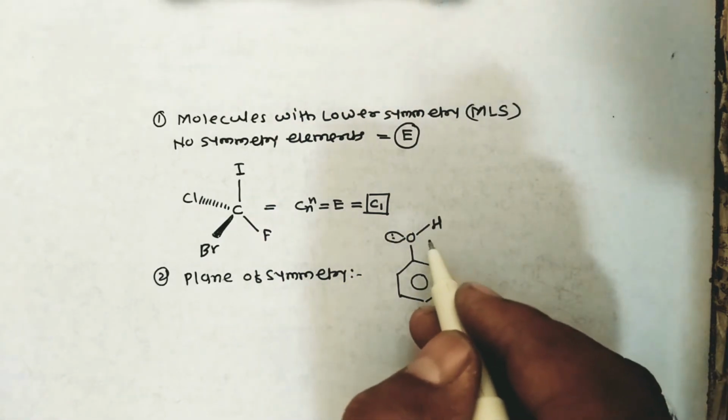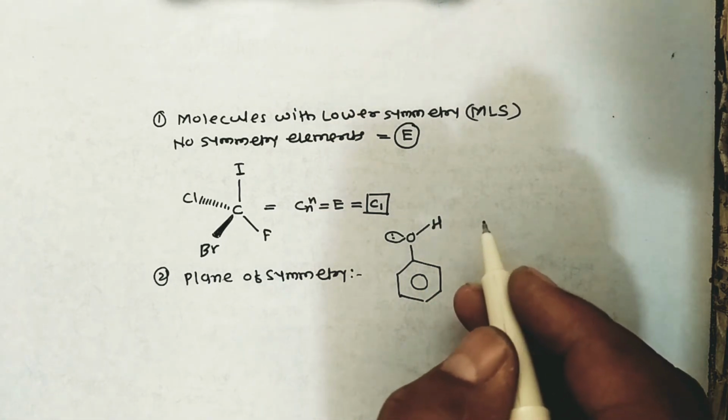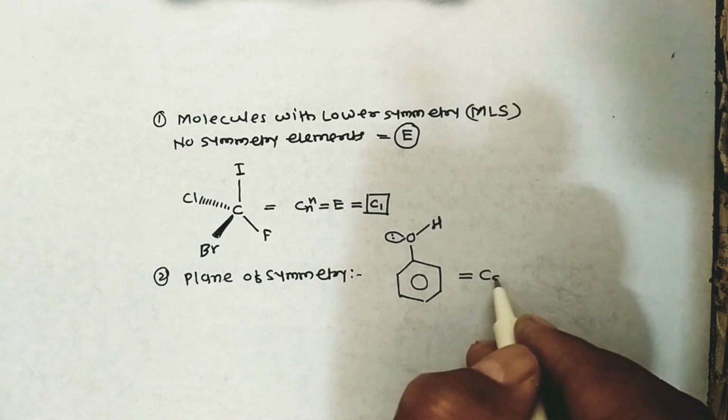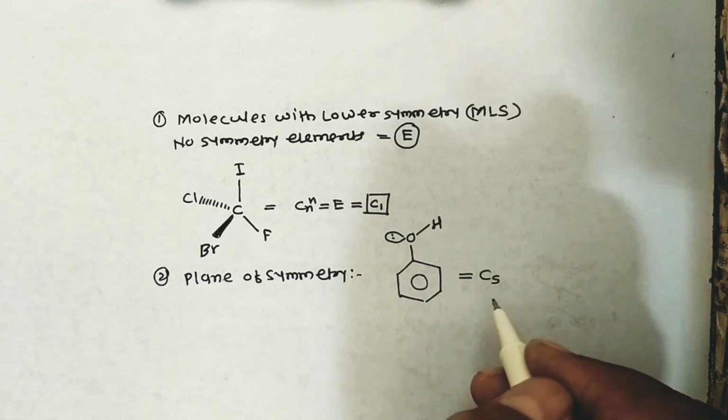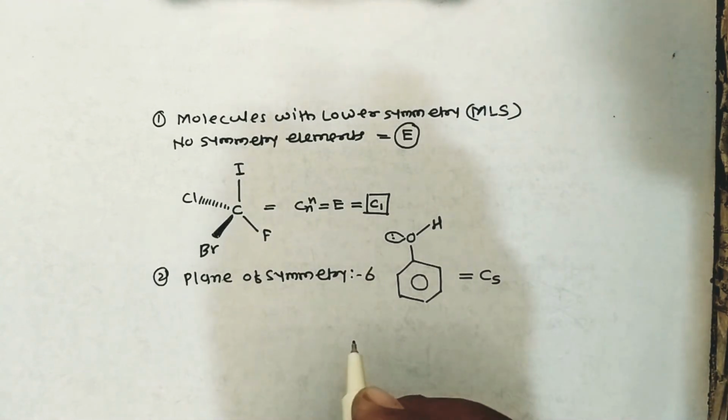Here only a plane of symmetry is present, and such a molecule has a Cs point group. This s means sigma, because plane of symmetry is denoted by sigma.